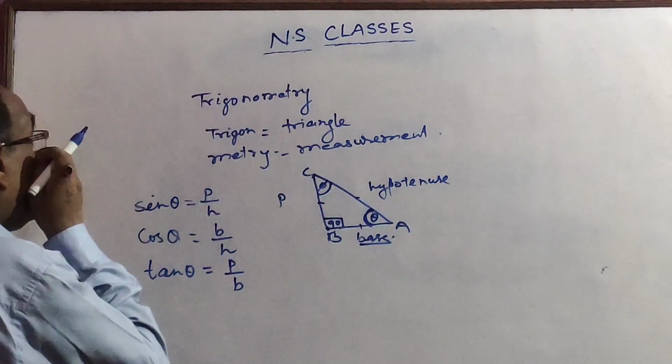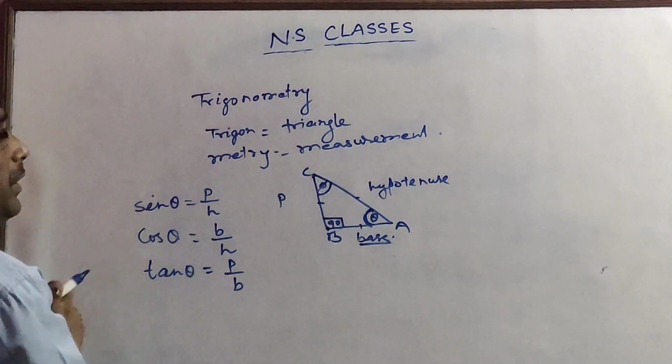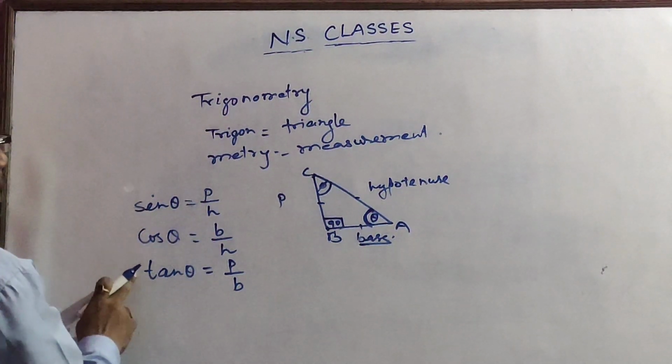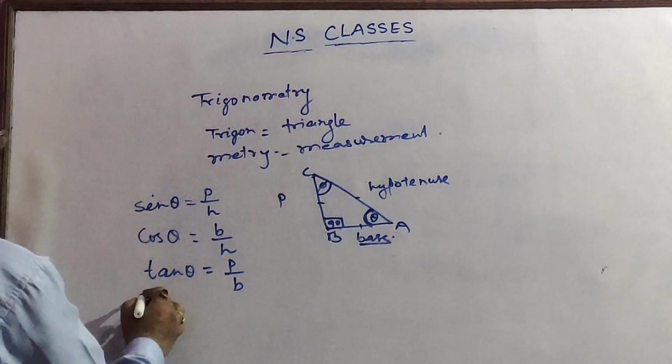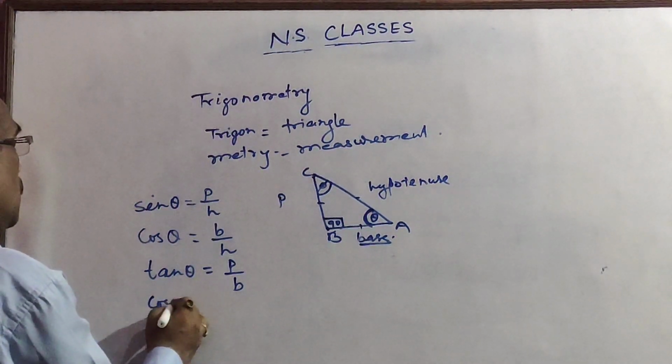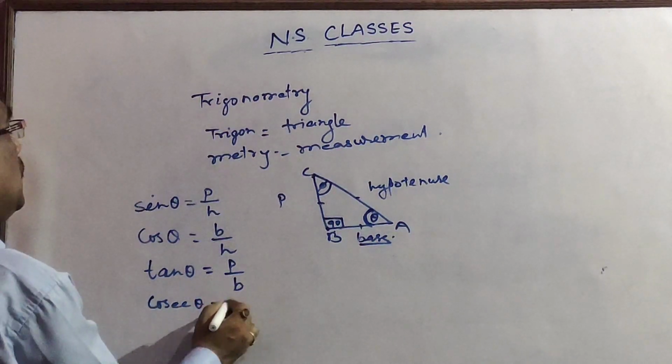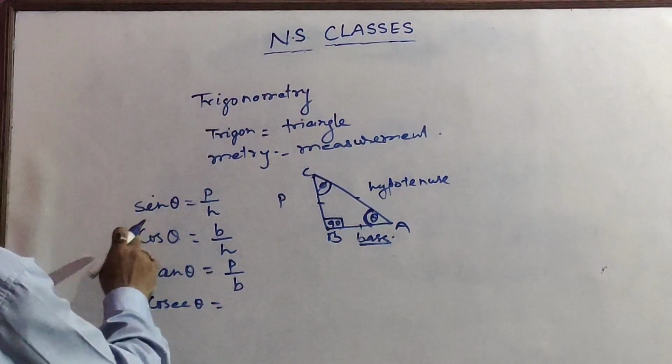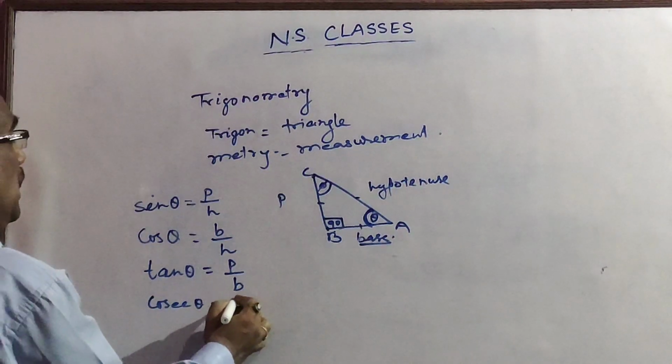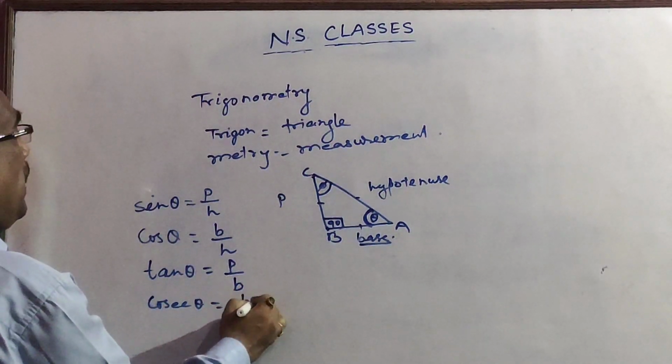Now 6 trigonometric ratios are there: sin theta, cos theta, tan theta, cosec theta, sec theta and cot theta. Cosec theta will be just the opposite of sin theta, you just reverse it: h by p.